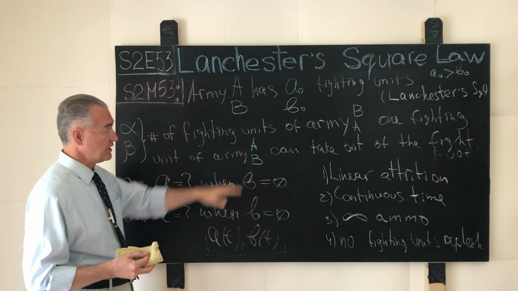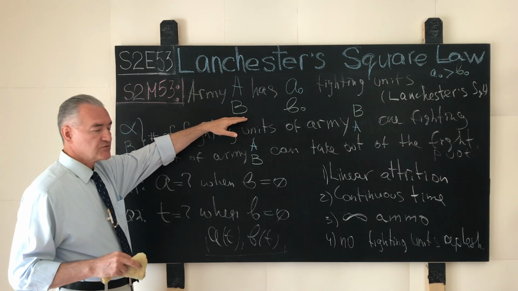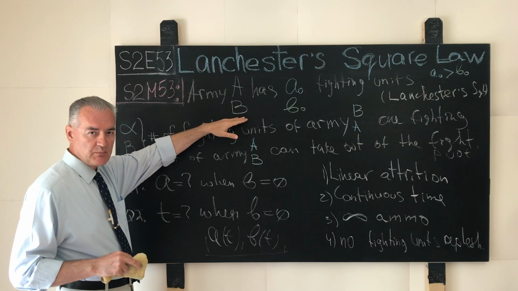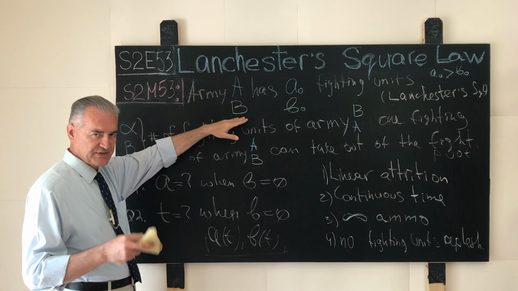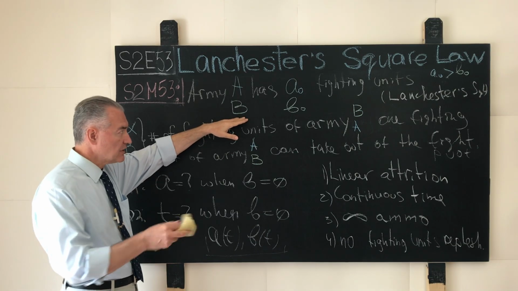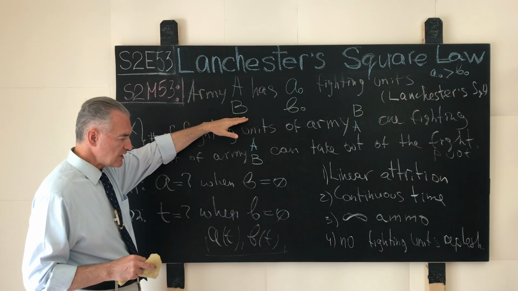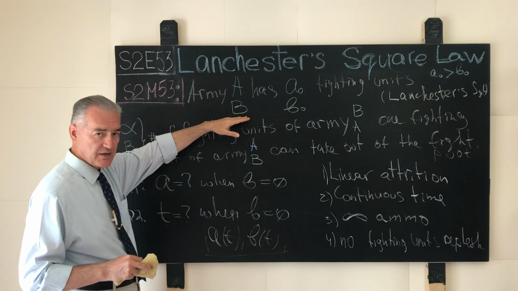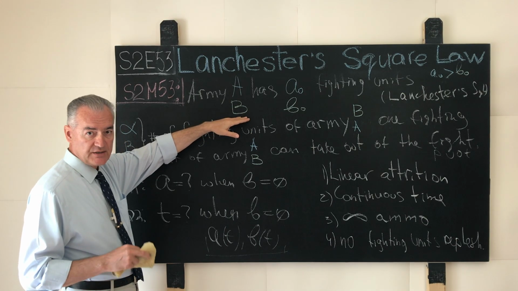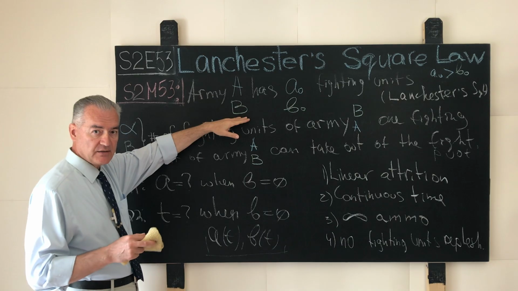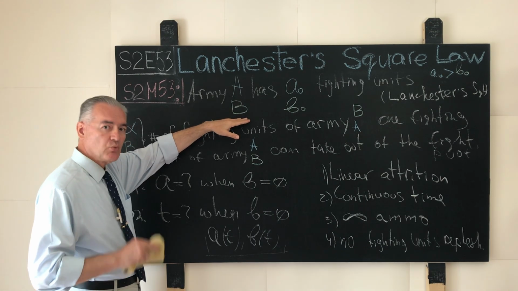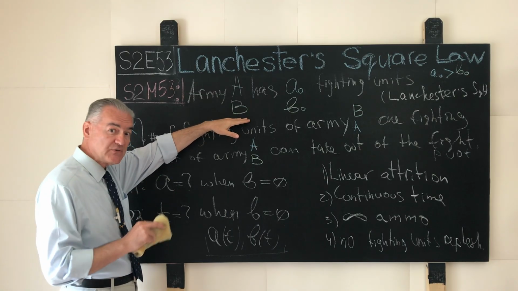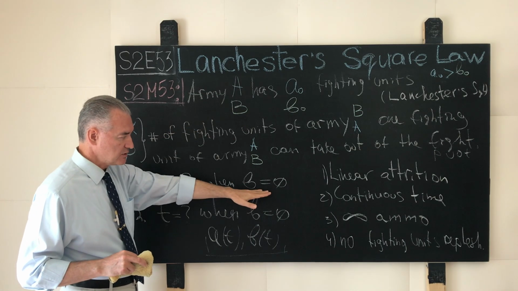Perhaps it's not realistic. Many times, for example, the fighting units of the Army B, once they realize they are doomed, will run away, scatter, give up, surrender, and so on. So this is the mathematical model of the situation when, despite knowing that the bitter end is coming, each and every fighting unit of the losing Army B will be willing and will be fighting till the bitter end until they're completely wiped out.